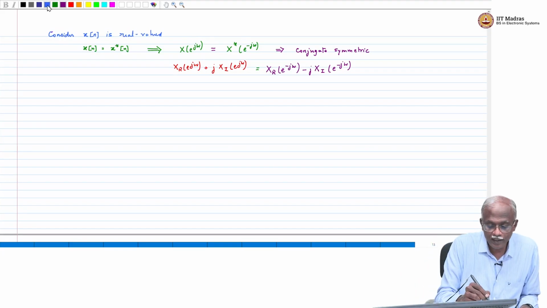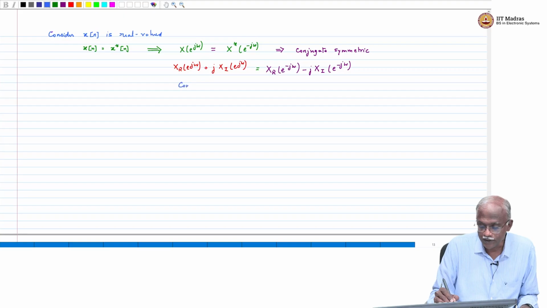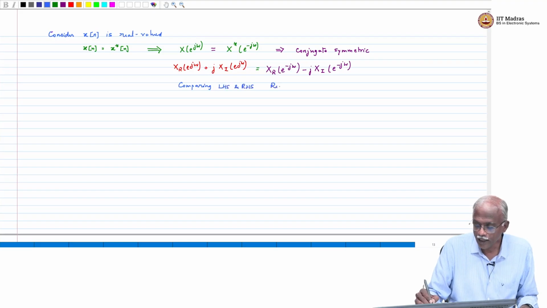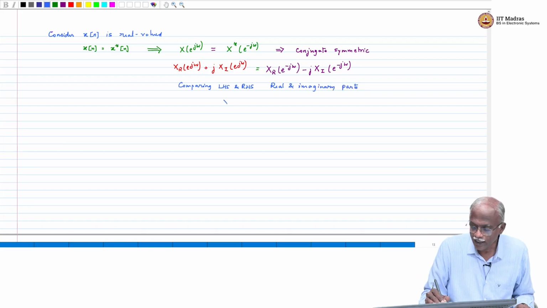Now compare the real and imaginary parts on the left hand side and right hand side. Basically the real and imaginary parts on both sides must be the same. So what this says is X R e of j omega for a real valued signal is equal to X R e of minus j omega.